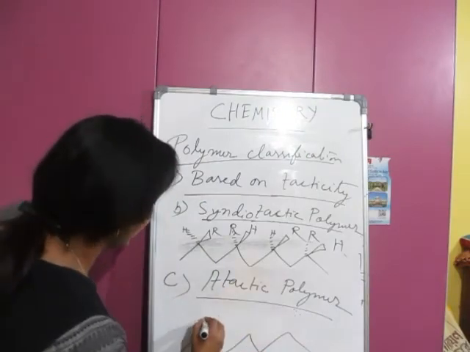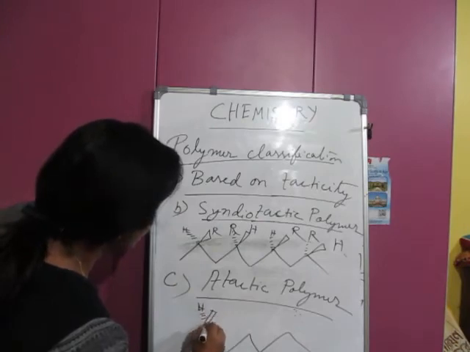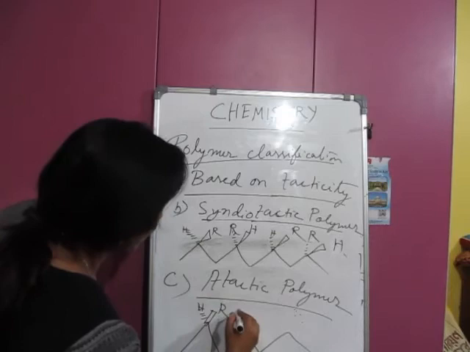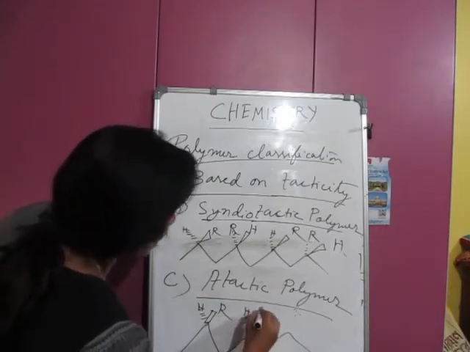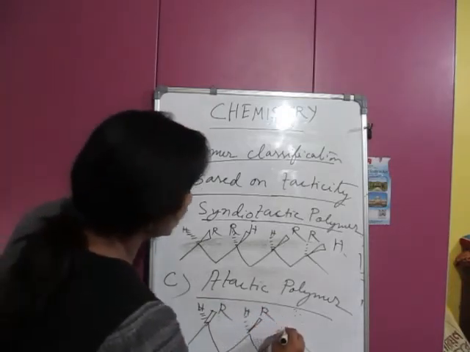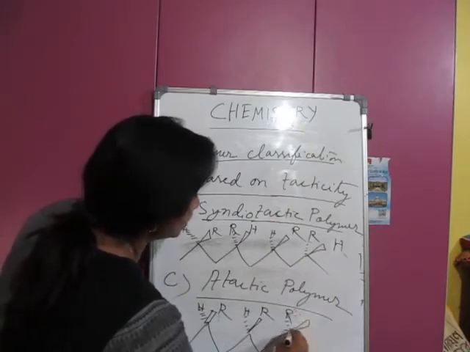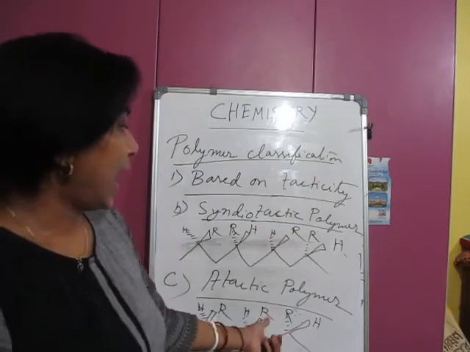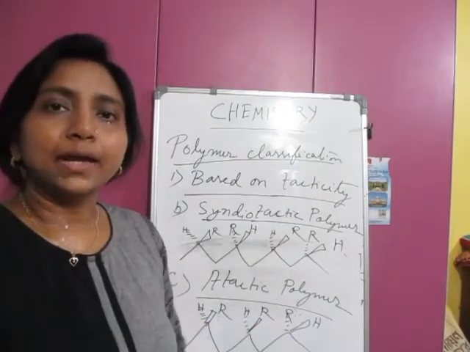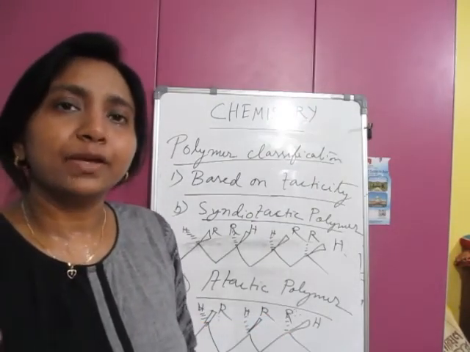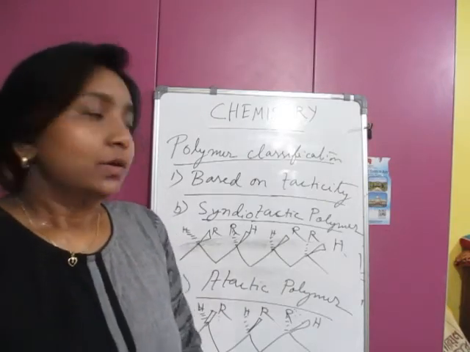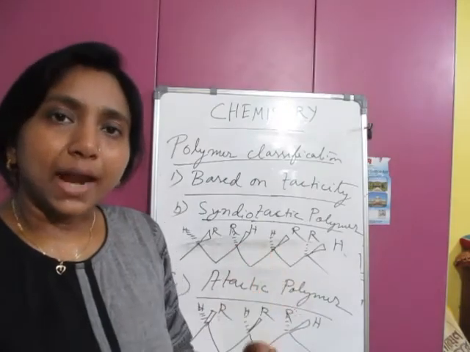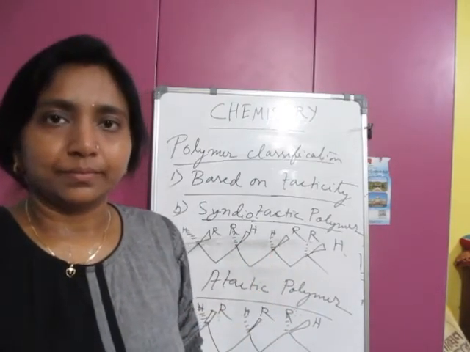So first it may come the hydrogen, then the alkyl group, then again hydrogen and alkyl group, then alkyl group and hydrogen. In this way, atactic polymer is completely randomly fashioned. The example is atactic polypropylene.